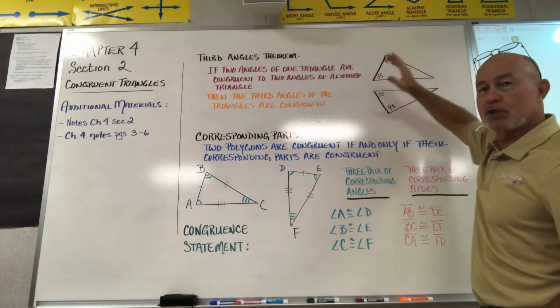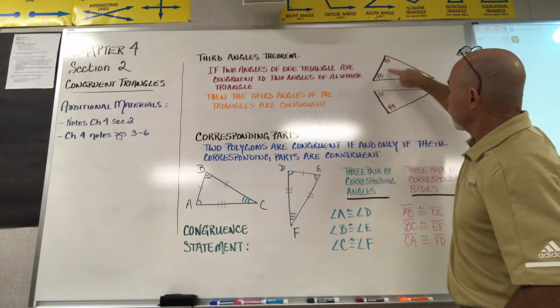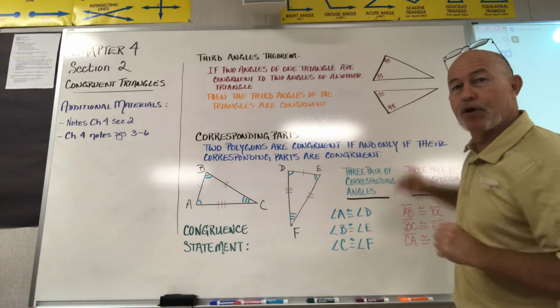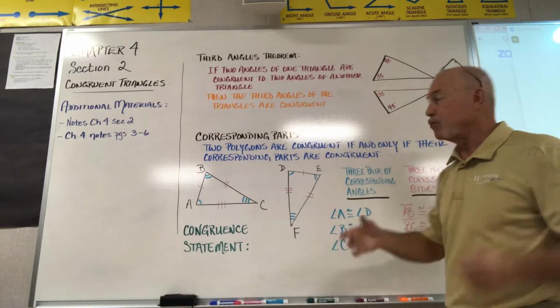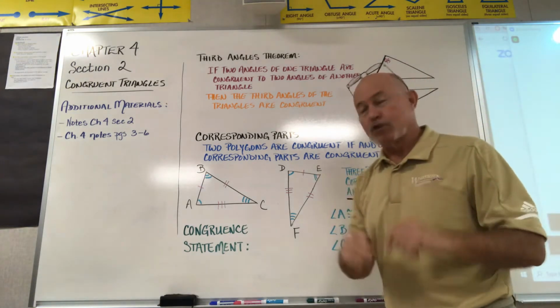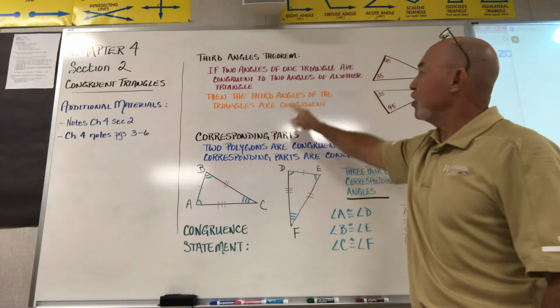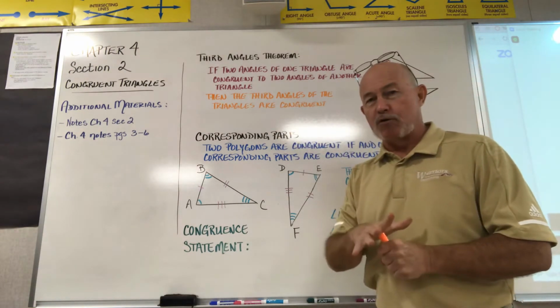So I'm using numbers here, though we rarely get the numbers. Okay, so 95 and 95. Those are congruent. They're equal values. 55 and 55. Those are congruent. Okay? Then the third angles of the triangles must be congruent.